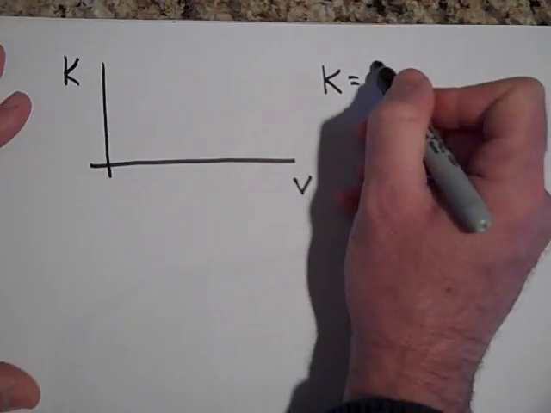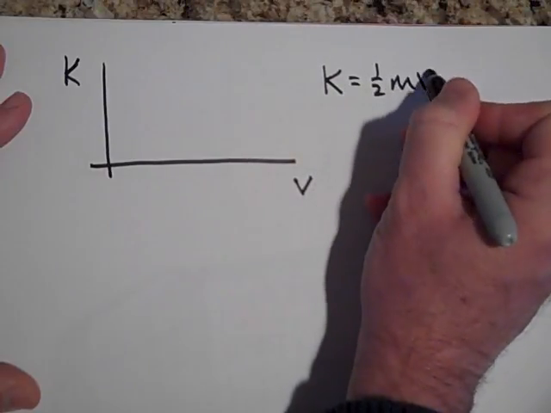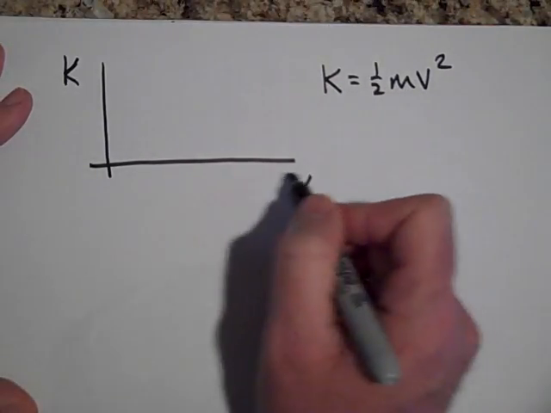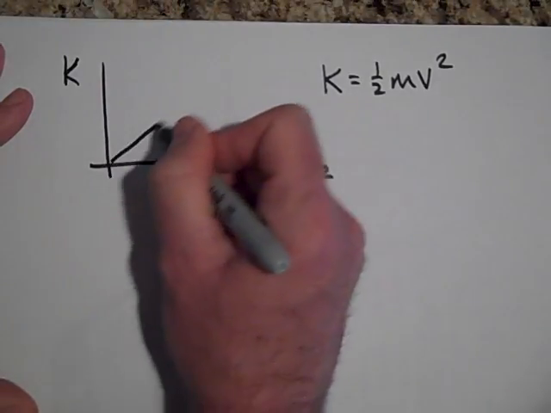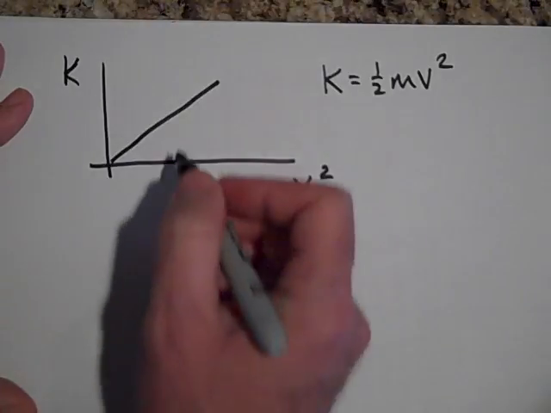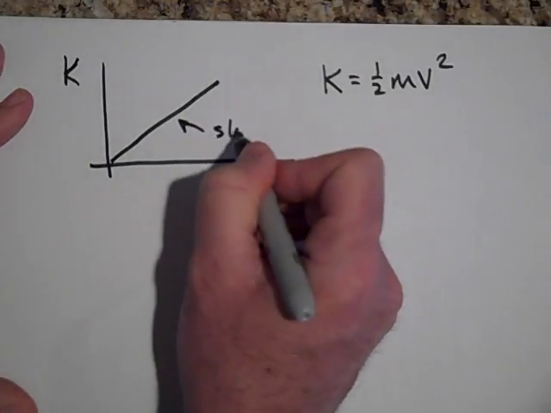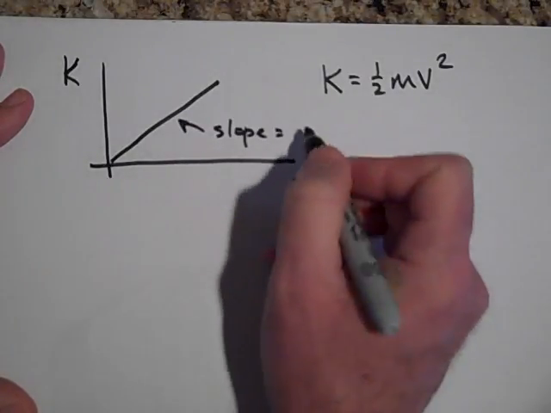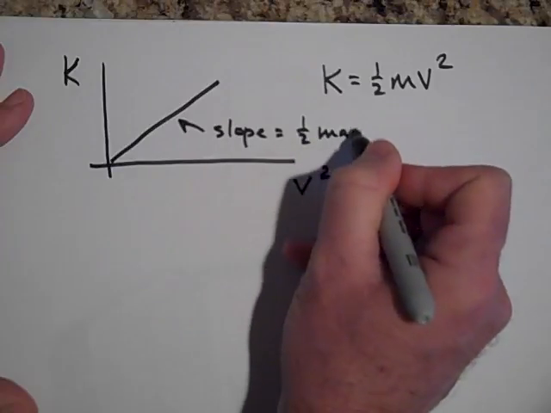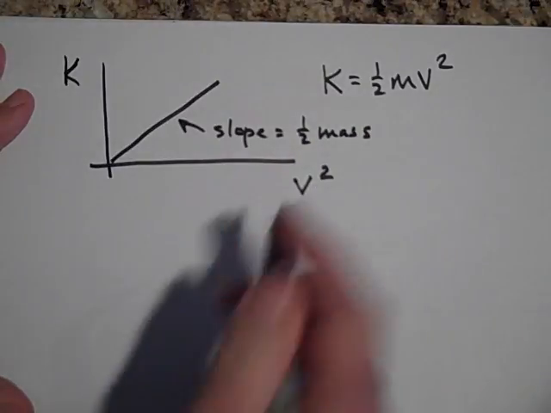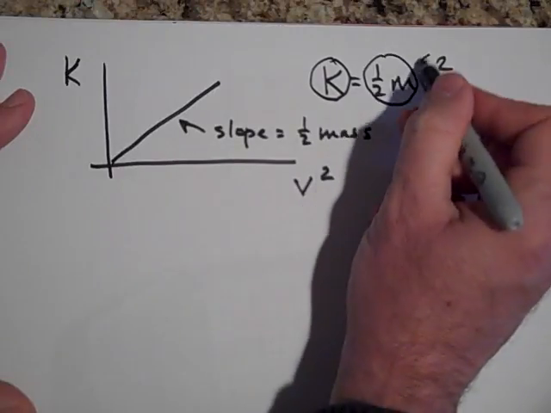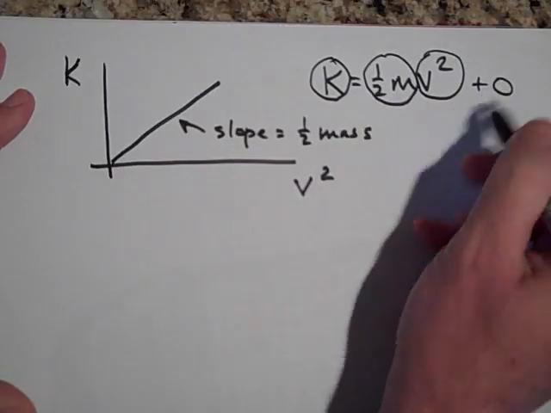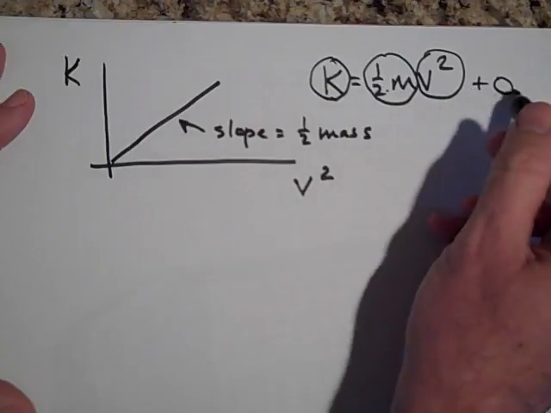Well, if I know that kinetic energy is 1/2 mv squared, then if I plot K versus v squared, the slope is 1/2 times the mass. See, y equals the slope times x plus 0. Y equals mx plus b.